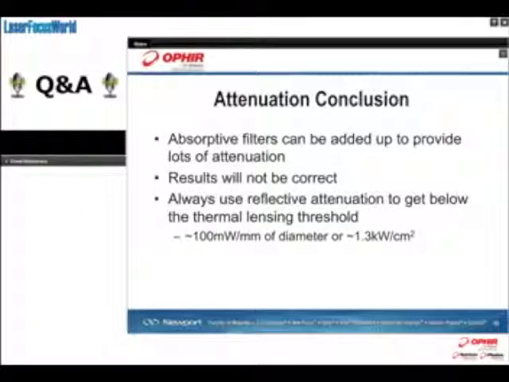Okay, and an associated question: do you sell the lens setup that's used in the lens method for setting the divergence? We do have a device we call the collimation fixture, which is set up specifically to do that, and it has the lens mounted and the scan head mounted at the geometric focus.